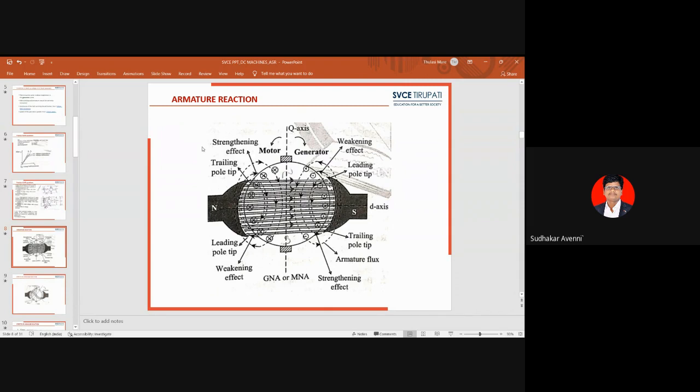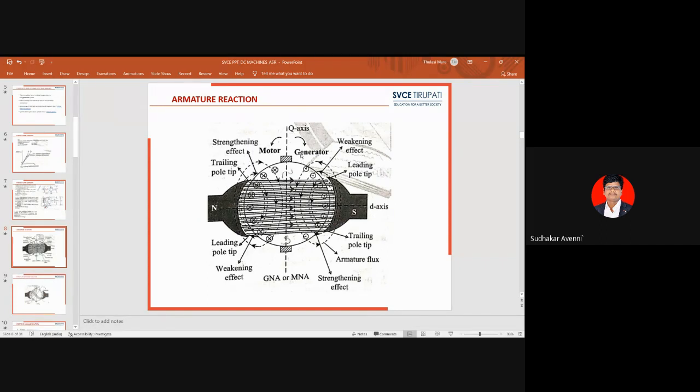Now coming to flux, when flux reduces, the generator voltage reduces. When flux increases, the generator voltage increases. Eg is directly proportional to flux. That is the main field flux, the useful flux, our required flux.